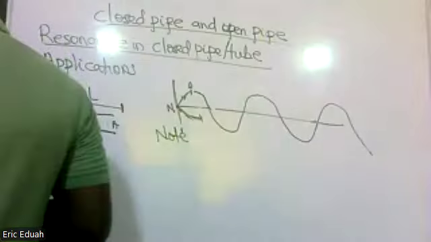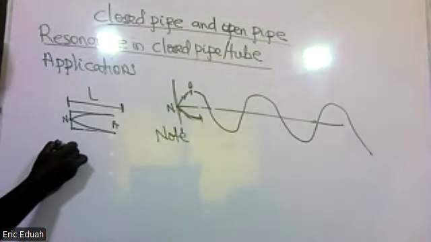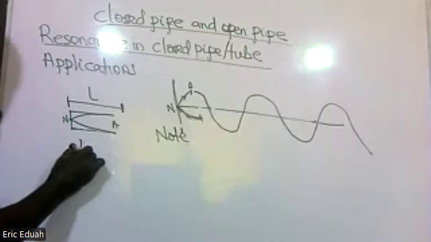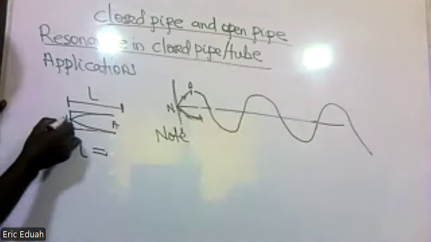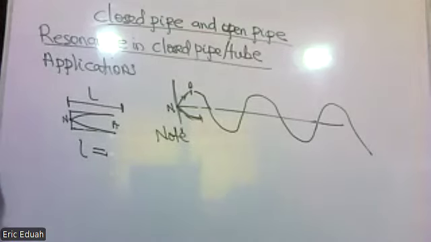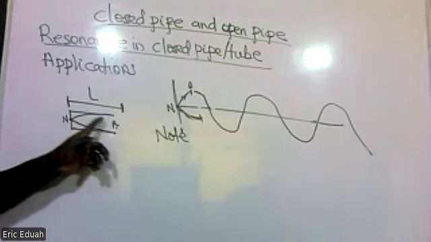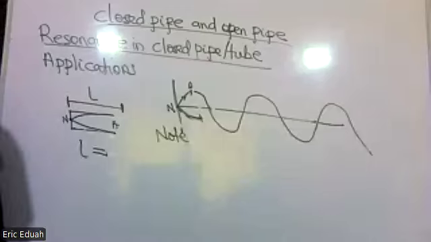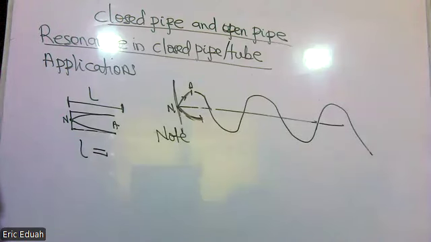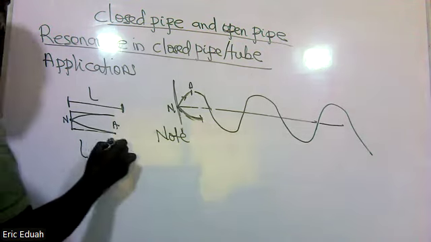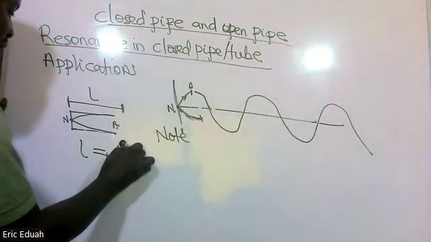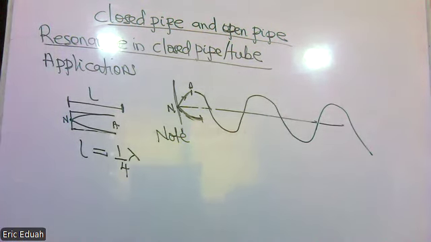Now, if this is node and antinode, in terms of wavelength, from node to antinode, what is the wavelength of this stationary wave? Anybody to help? Quarter what? Wavelength. So 1/4 lambda. Thank you.